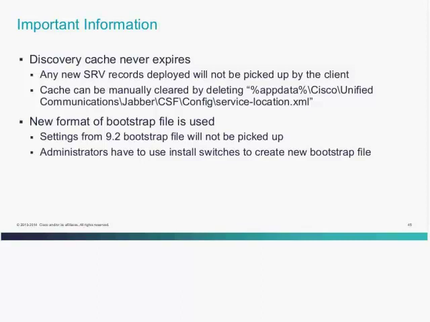It's located in the AppData folder of the Windows PC, under the subdirectories Cisco, Unified Communications, Jabber, CSF, Config, followed by service-location.xml. You need to erase the service-location.xml file and relaunch Jabber so that it runs the discovery service again and caches the new information.